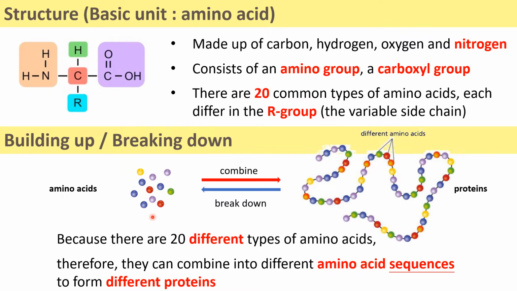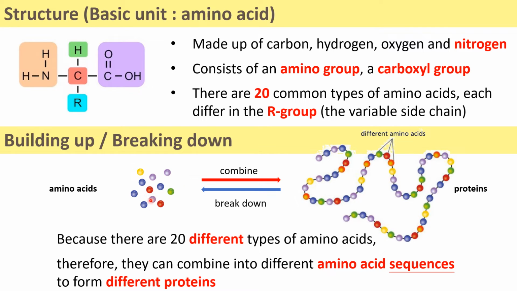Now, one thing that is special in protein is that because there are so many different types of amino acids available, they can be joined in any order, right? So there are many different possible combinations of these different amino acids.